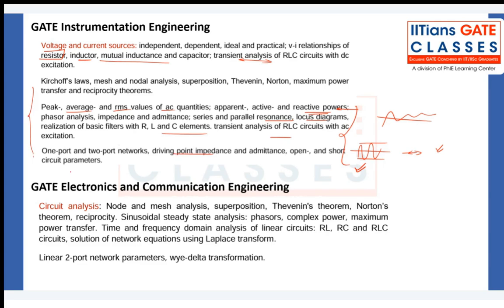We'll start with the common syllabus, and then if there is any specific thing which is needed for a specific stream, then we'll cover that. More or less, if you see, the syllabus are almost same. In the electronics and communication also, I think most of you are from EC background, right? So in the EC background, see here it is starting with the nodal and mesh analysis, but it's not mentioned here voltage and current source.